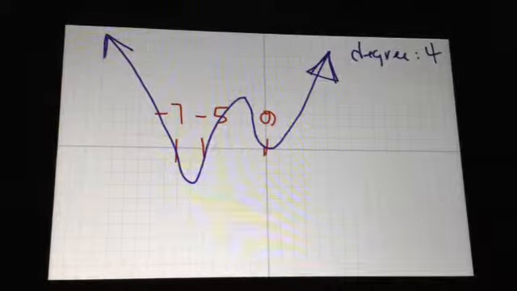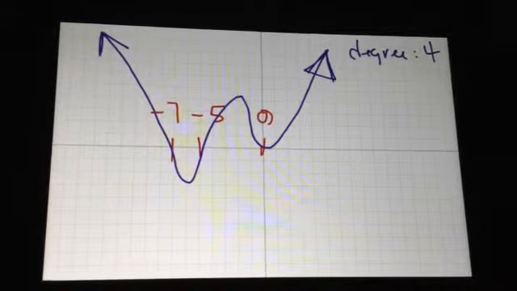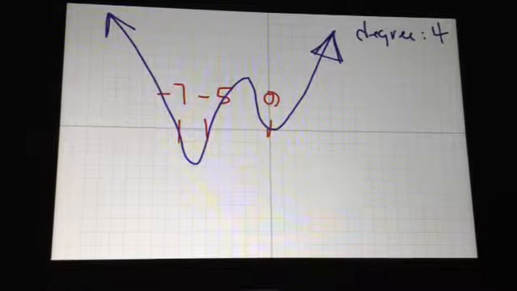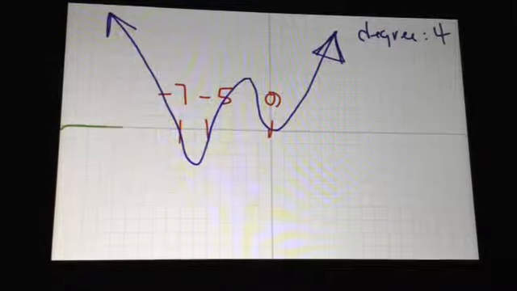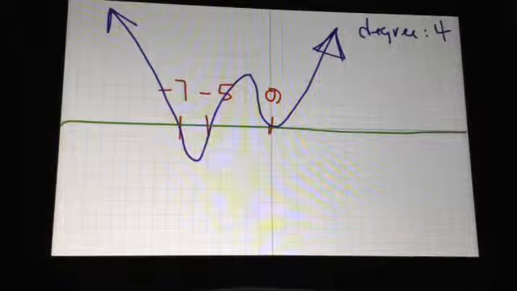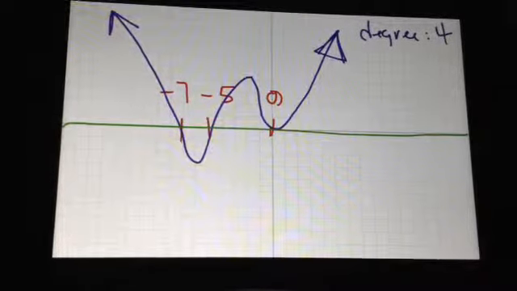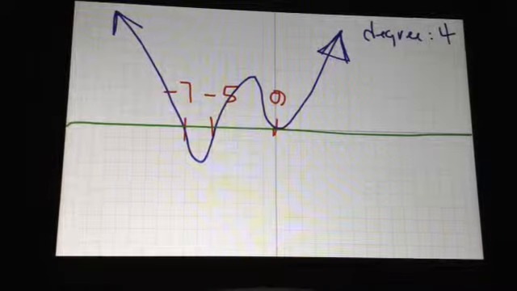So when your function is under a radical and you're trying to graph it and you have to give the domain, it's only positive values. So that means anything that is above the x-axis. So any part of the line that is above the x-axis.